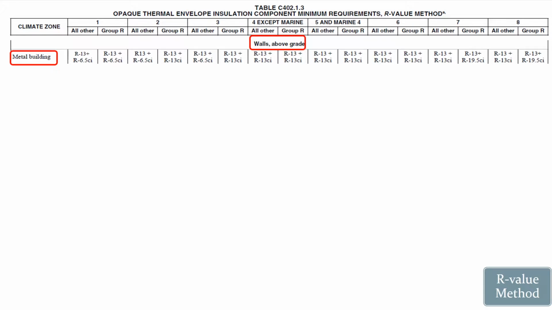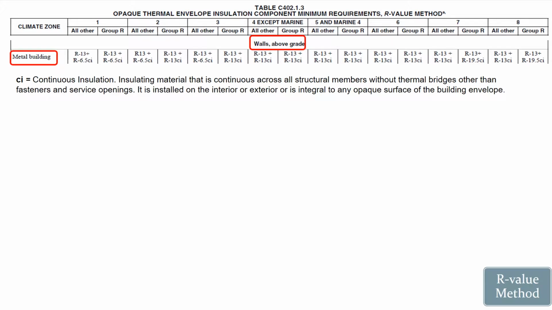Now let's move on to the R value method as relates to metal building walls. This is an excerpt out of the table C402.1.3 for metal buildings. And notice across all climate zones you have a fiberglass plus continuous insulation system.